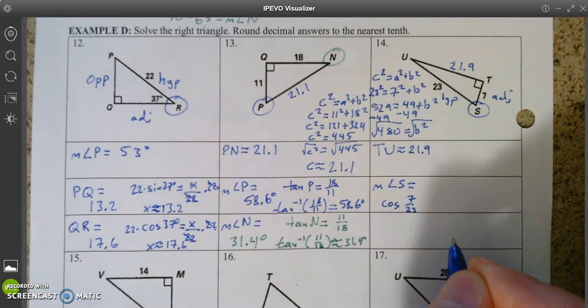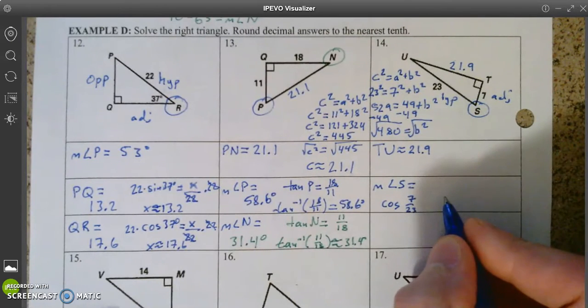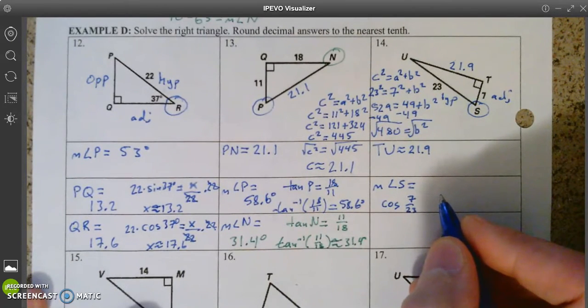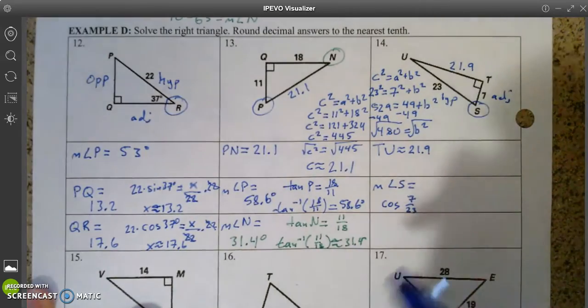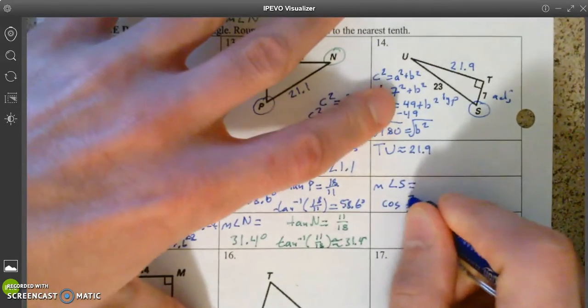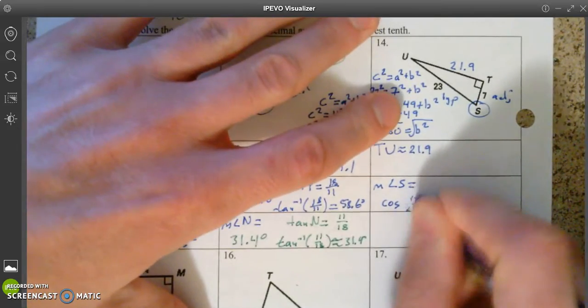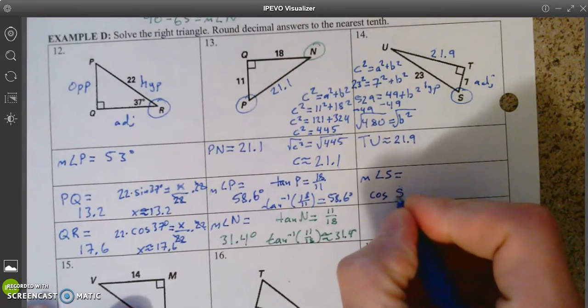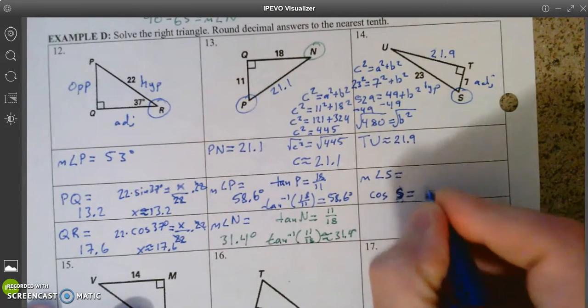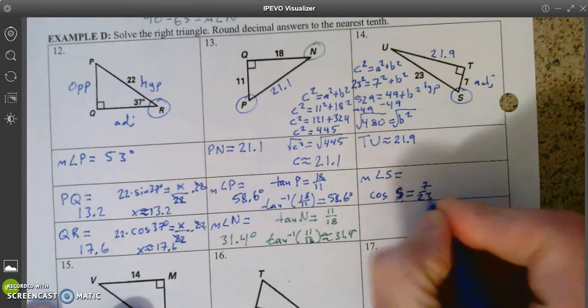And so then what I want to do is, cosine, I need to format this correctly. Cosine of S is equal to 7 over 23.